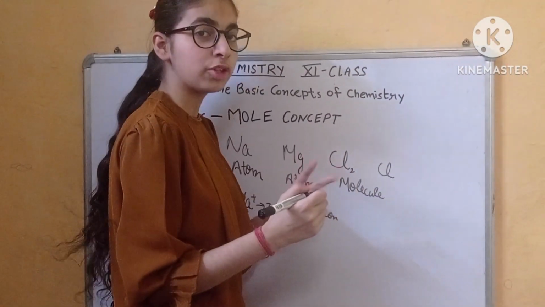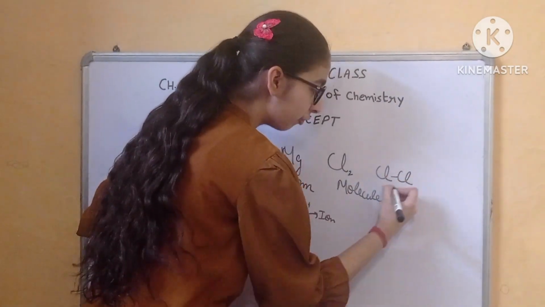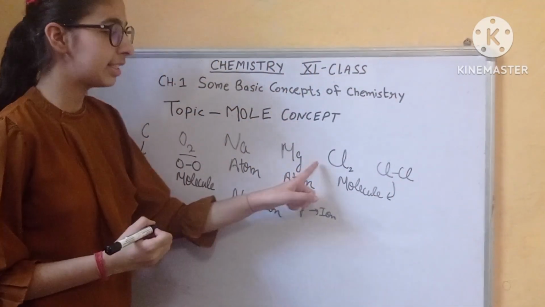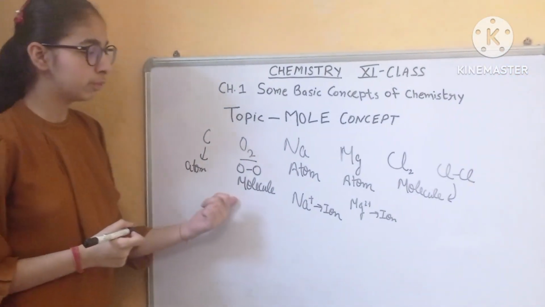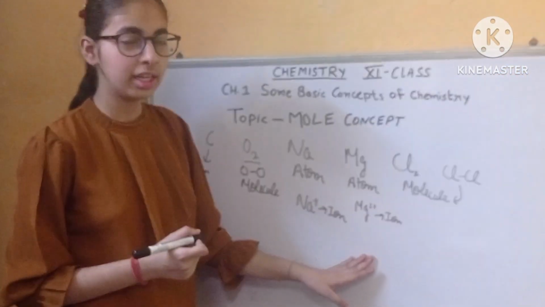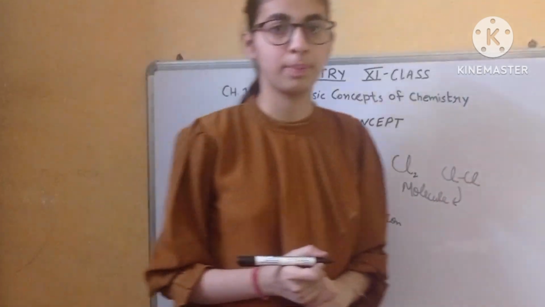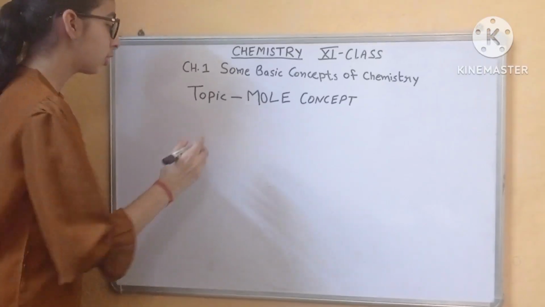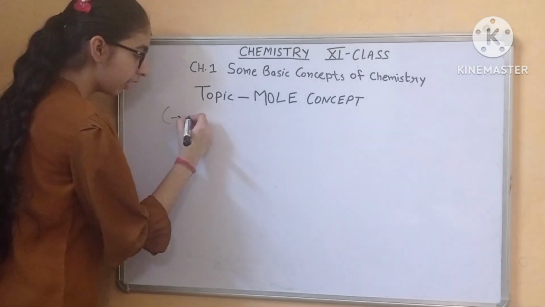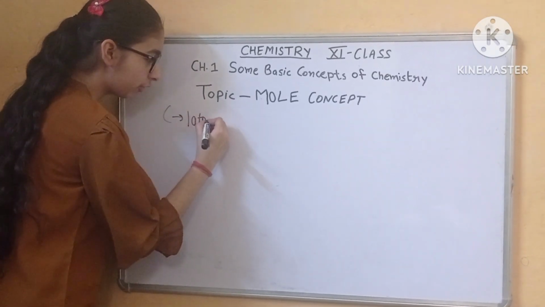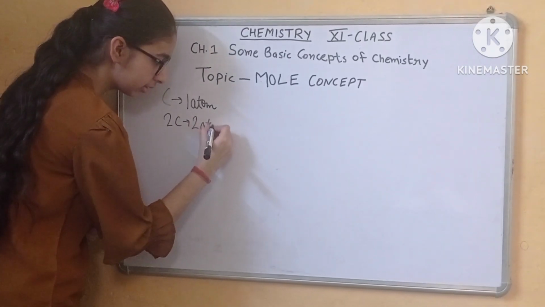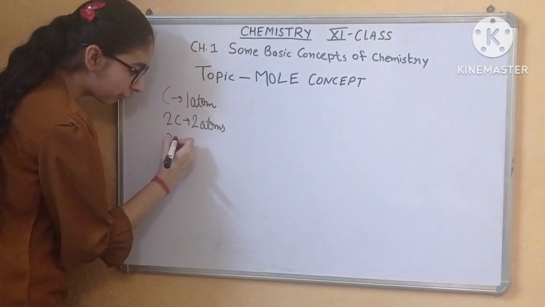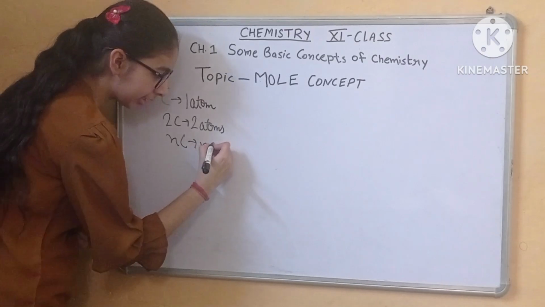So 2 atoms of chlorine form a molecule, that is Cl2. These are examples of atoms, molecules, and ions. Carbon has 1 atom; if 2 carbons are there, then 2 atoms; if n carbons are there, then n atoms.